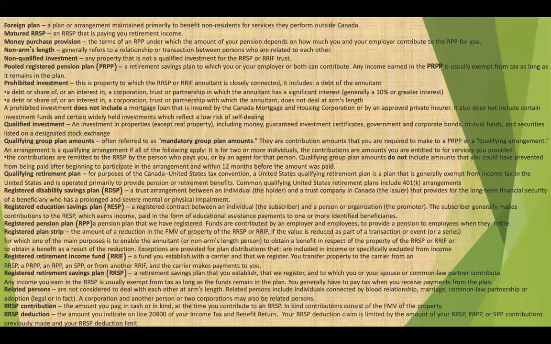Then RRSP contribution is the amount of cash or kind that you contribute to your RRSP plan. Then RRSP deduction is the amount that is indicated on your income tax line 20800.